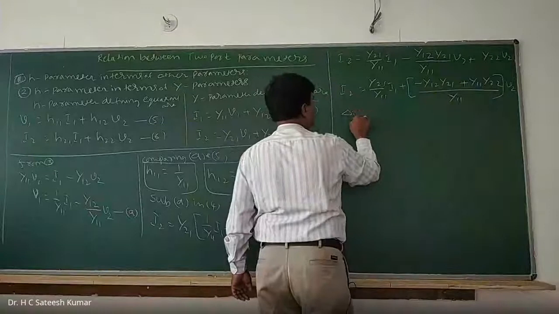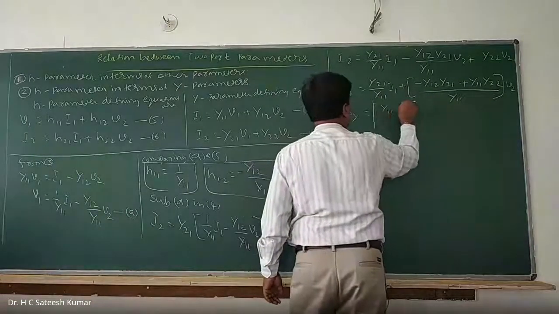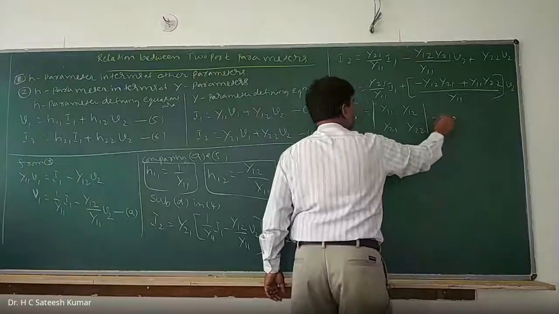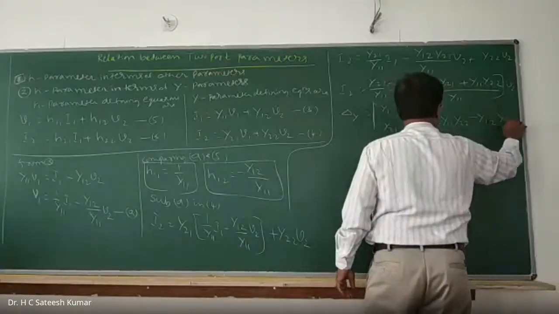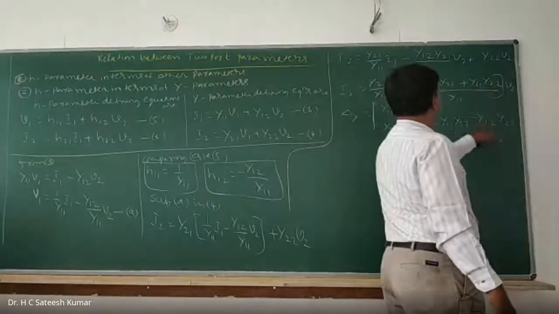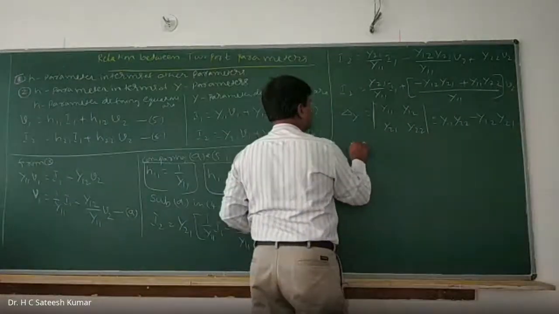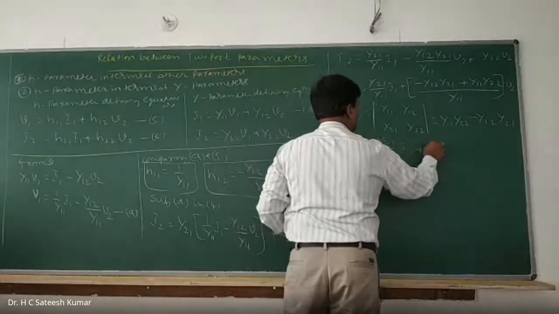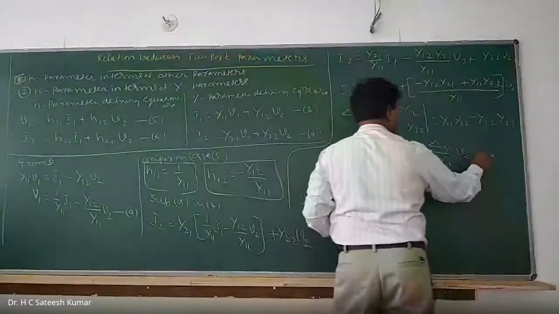Delta y is the determinant of y11, y12, y21, y22, which is y11 y22 minus y12 y21. So this whole thing is nothing but delta y. Therefore I2 is equal to y21 divided by y11 into I1 plus delta y divided by y11 into V2. Call this equation B.